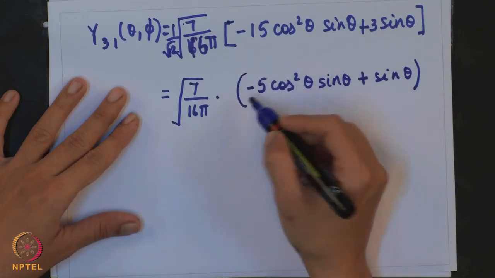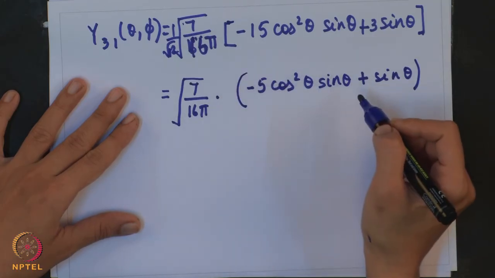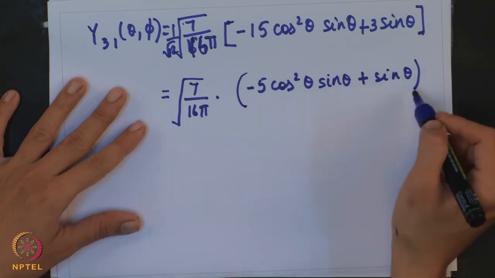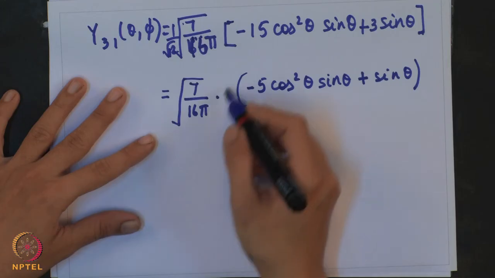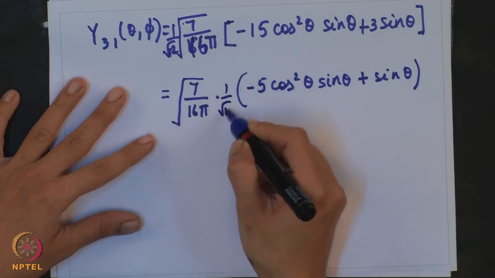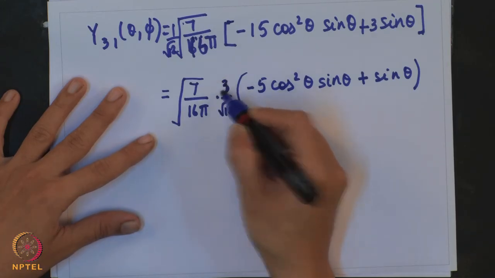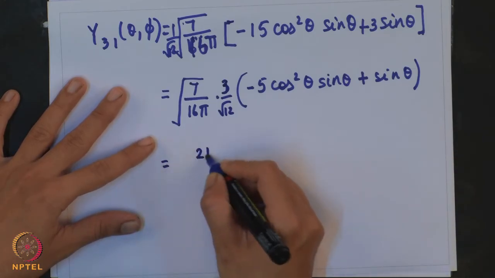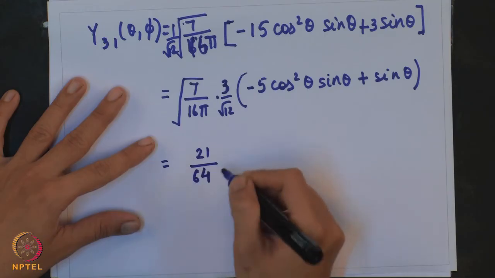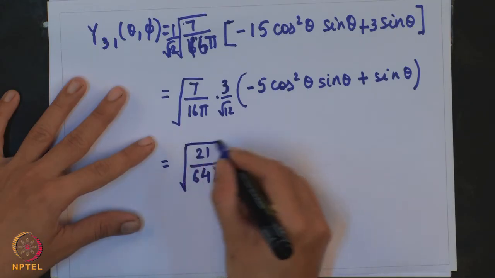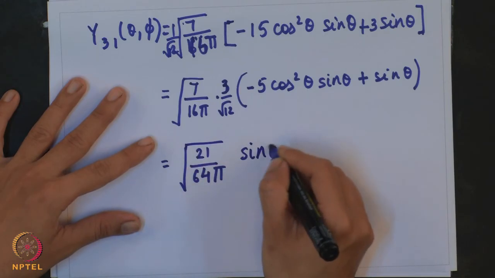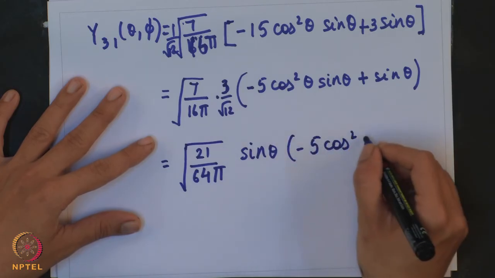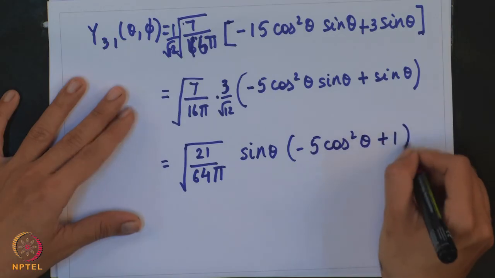In fact, I can take sin theta outside and simplify further. So this will result in square root of 21 upon 64 pi times sin theta times minus 5 cos square theta plus 1.